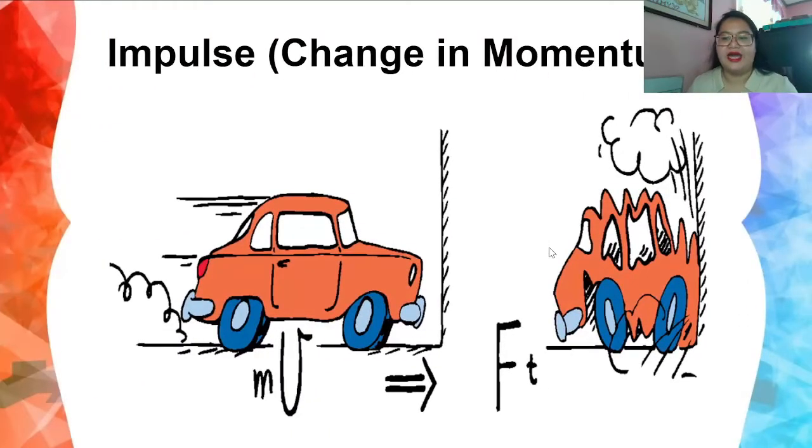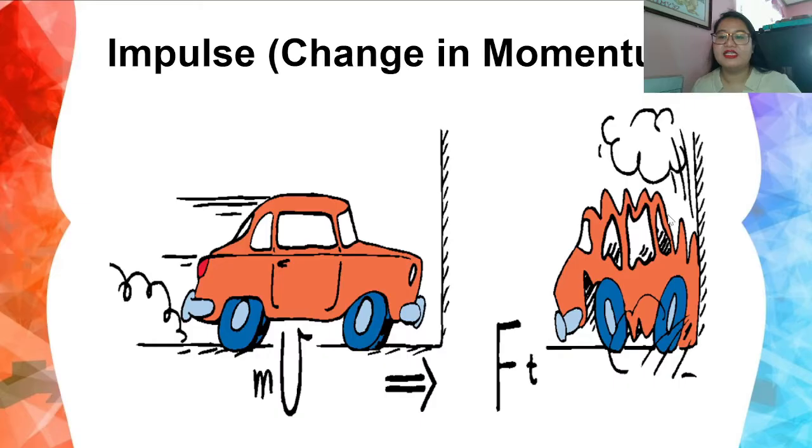Next example, ayan, another picture. Dito sa picture na to, babangga na ngayon yung sasakyan sa pader. So, ito yung pader. Mapapansin nyo, kung mabilis yung movement or yung velocity ng sasakyan, maliit lang din yung impact time. Sobrang bilis kasi ng movement ng sasakyan, kaya shorter lang yung impact time.